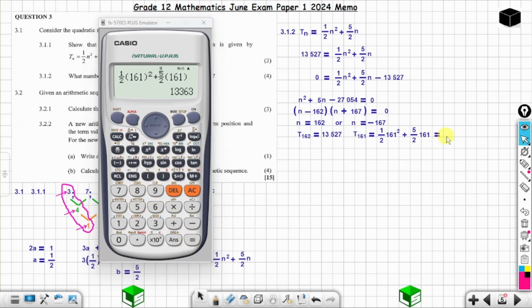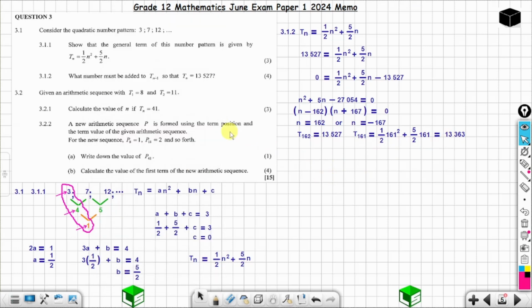So now what number must be added to this so that you have this? You are going to take this minus this. You have 164.